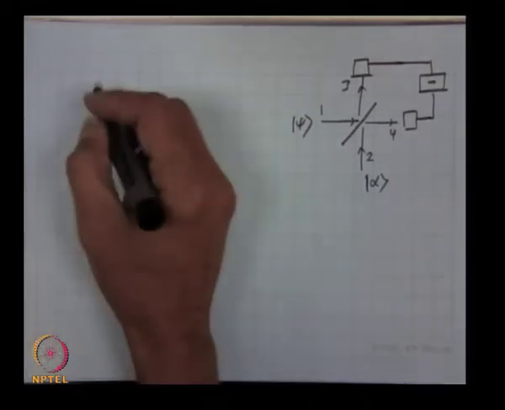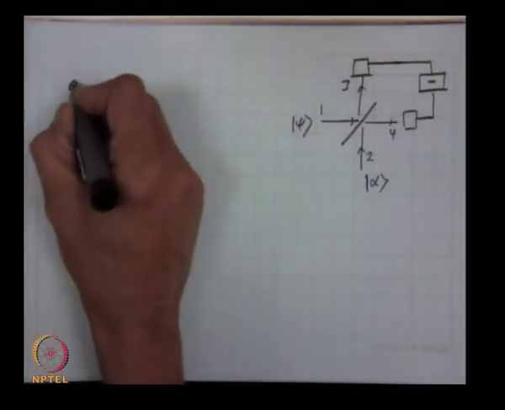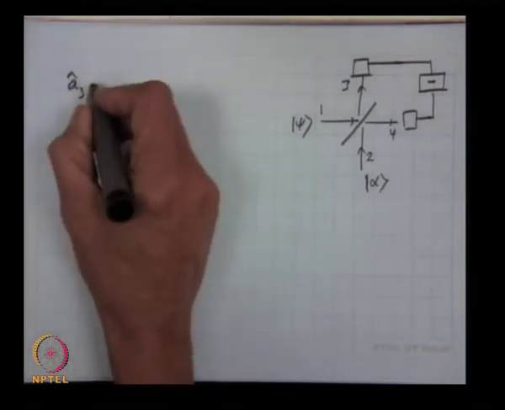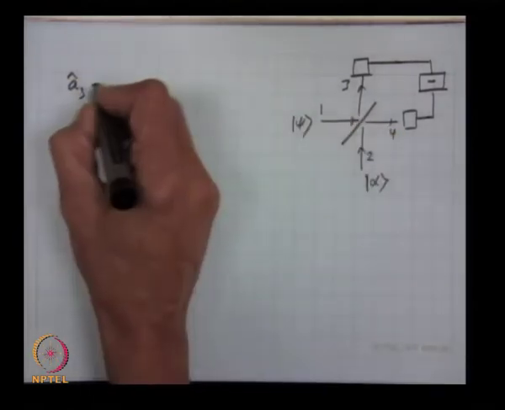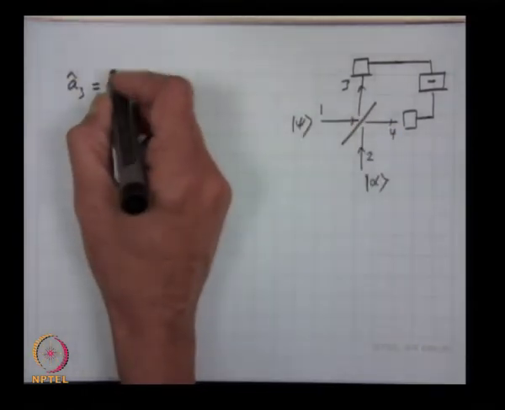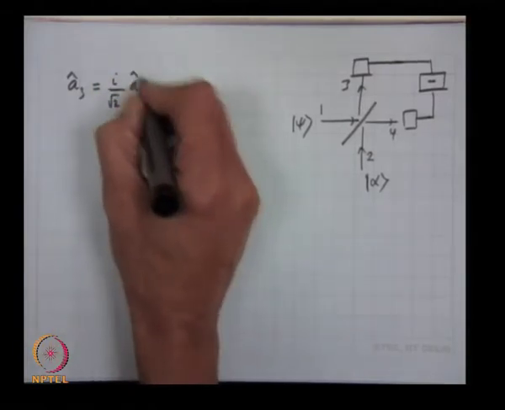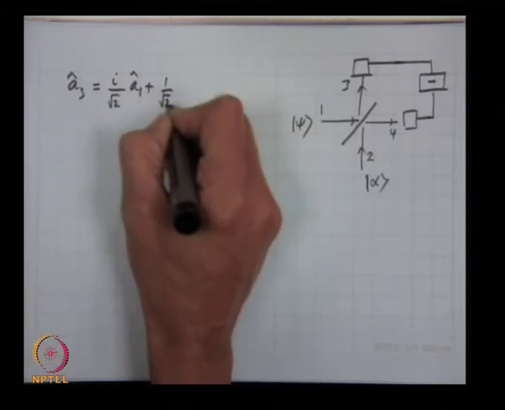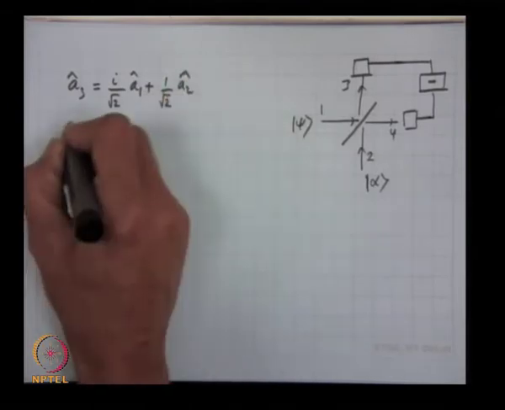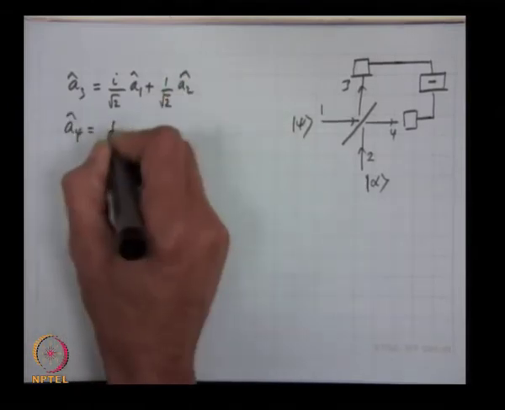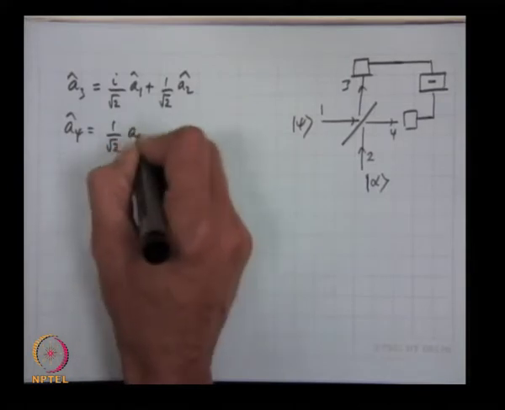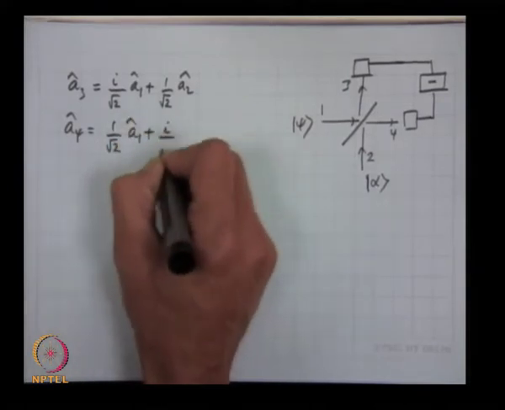So let me write down again the annihilation operators in arm 3 and 4 as related to 1 and 2. So if you recall, A3 is i by root 2 A1 plus 1 by root 2 A2. Similarly, A4 is equal to 1 by root 2 A1 plus i by root 2 A2.